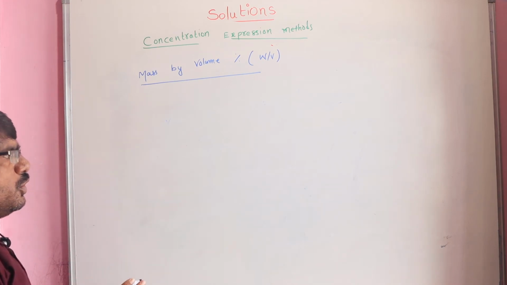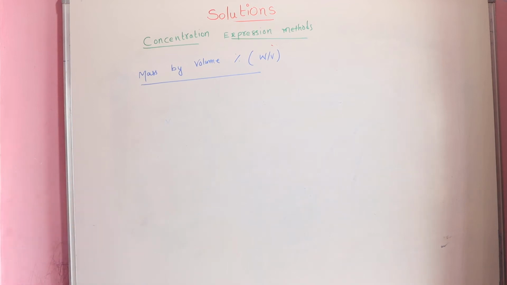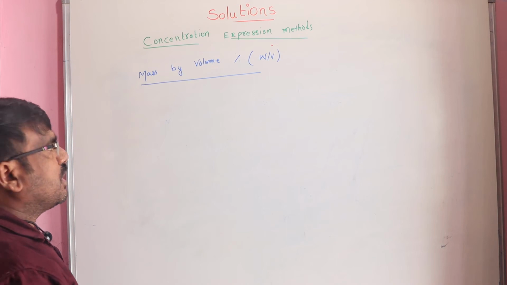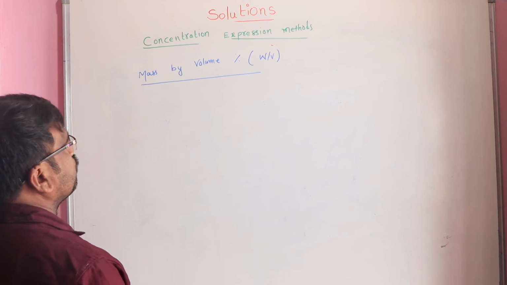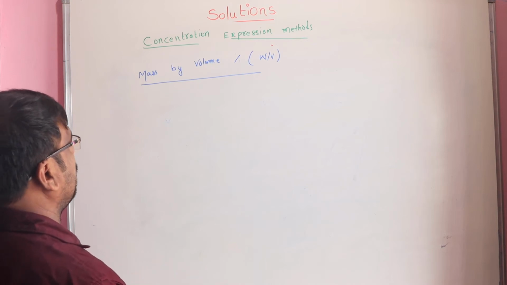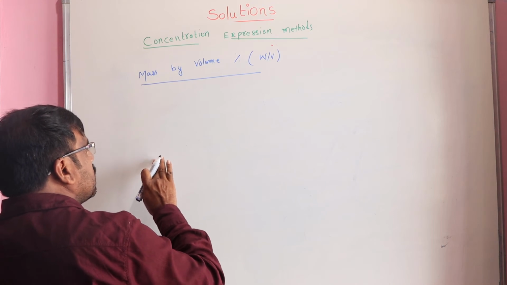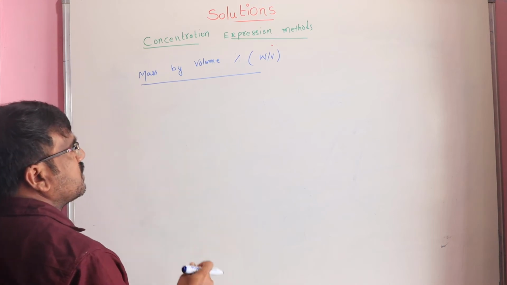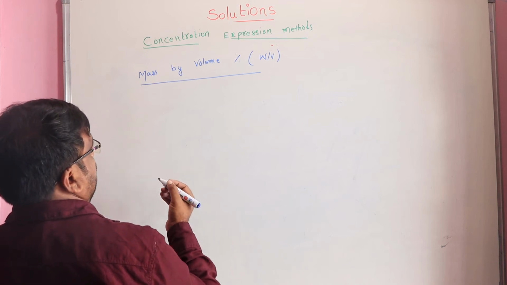The mass of solute present in 100 ml of the solution is known as mass by volume percentage. Generally this method we are using in pharmacy to express their concentration.